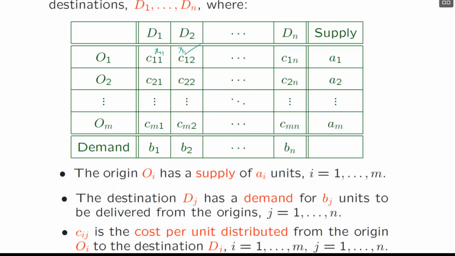Again, we shall have some constraints for the demands. As we see, the destination D1 has total demand B1. Suppose out of that B1 units of items demand, x11 has been made up from the origin O1, x21 has been made up from the origin O2, and xm1 has been made up from the origin Om.